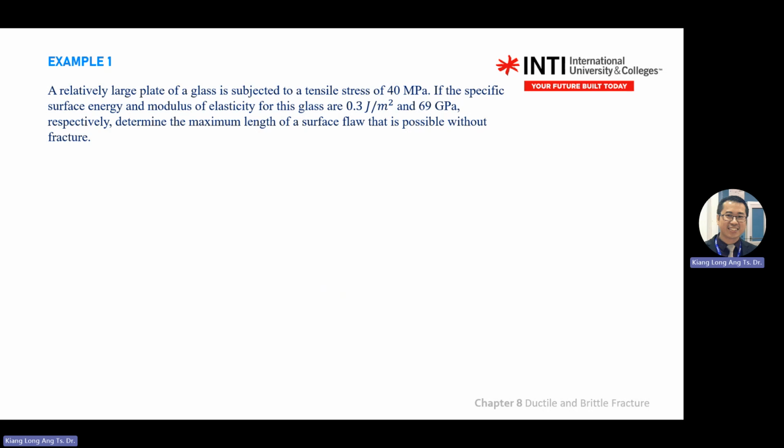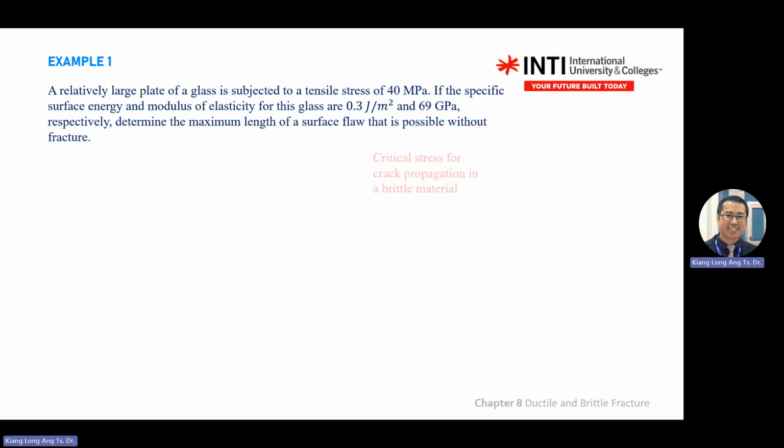It asks for the surface flaw, which is this A, not an internal flaw. If the question mentioned the maximum length of an internal flaw, then you would have this case: after you calculate A for the internal crack, you need to multiply by 2 for the final answer. But for the surface flaw, you only need to find A. Then the rest is just substitution.